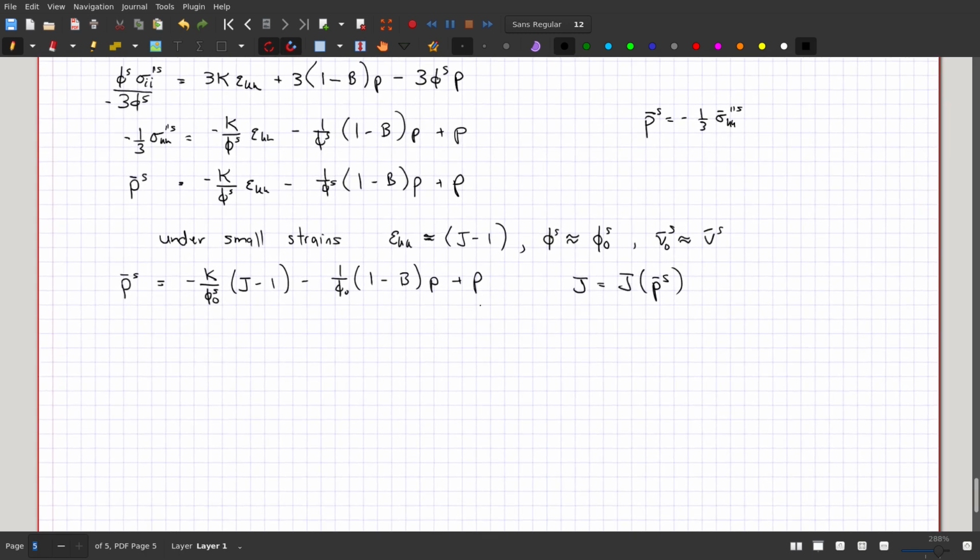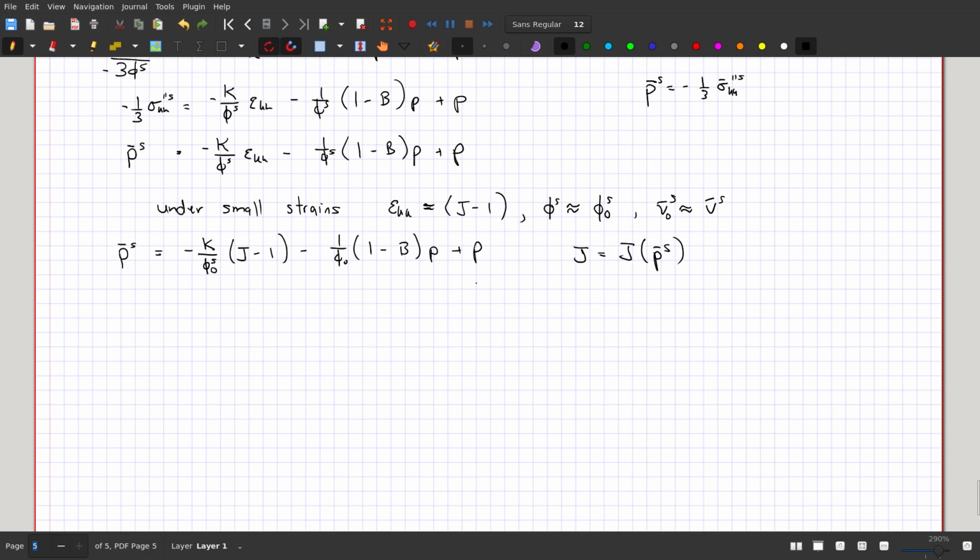So given that, let's go back to our Biot coefficient. B is equal to 1 minus 1 over... now remember originally I had a JS there.